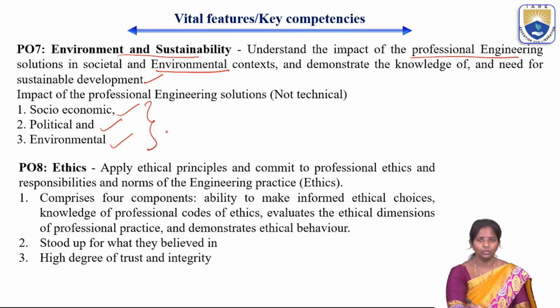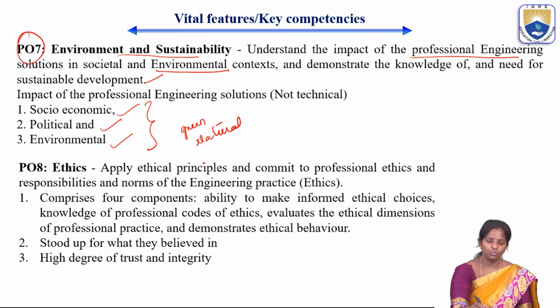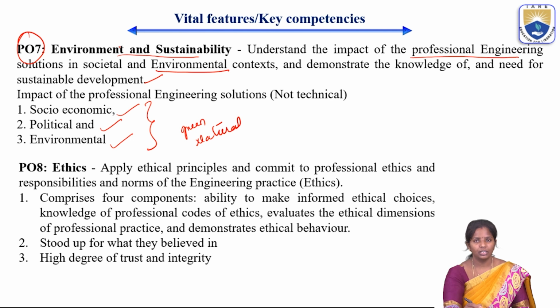If we learn these in a course, it is mapped with environment and sustainability. For example, in chemistry, if there is a topic like green chemistry or natural sources, PO7 can be mapped to both because it is concerned with the environment and sustainability.